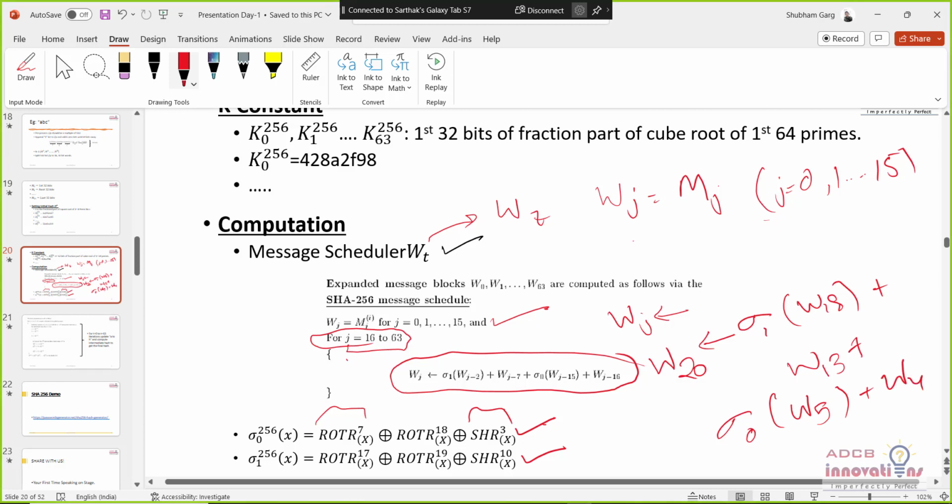So this is how the value of w20 will be calculated after calculating this whole thing. This is how the value of wj up to 63 is calculated.